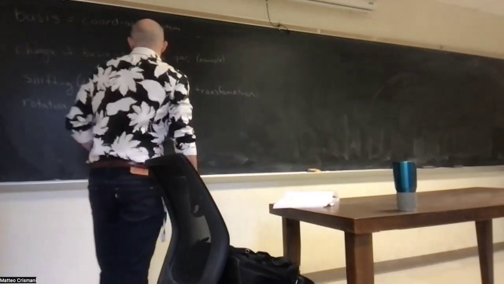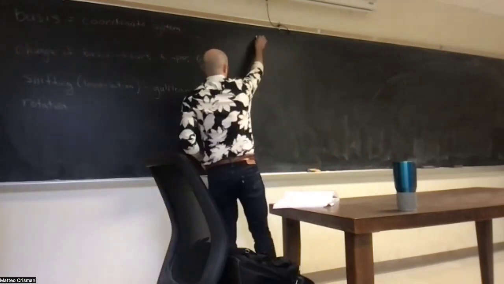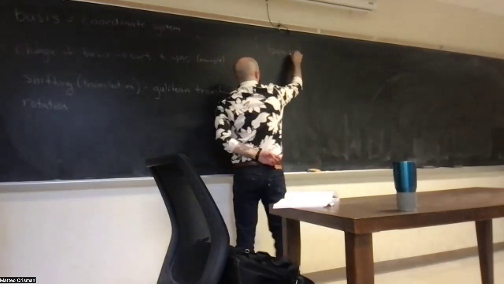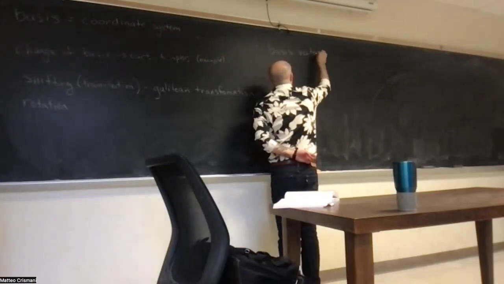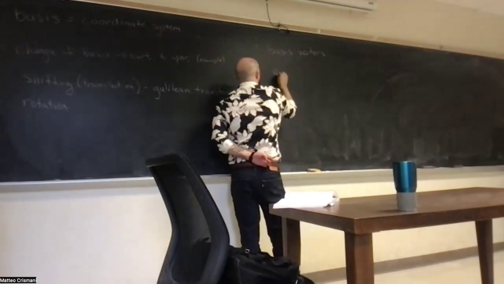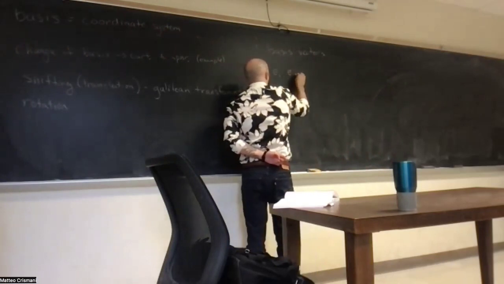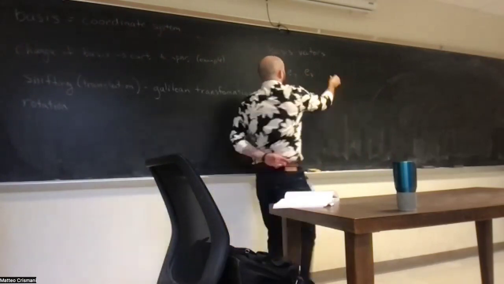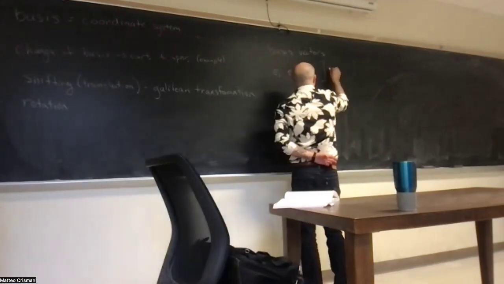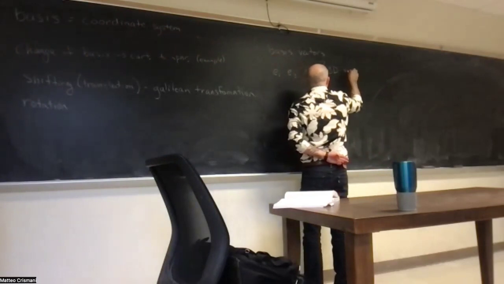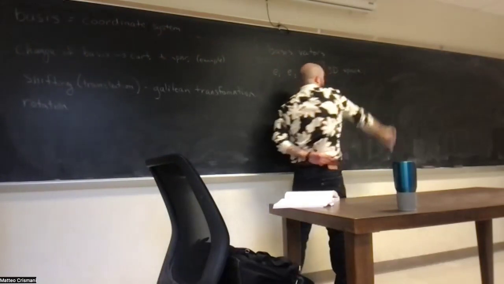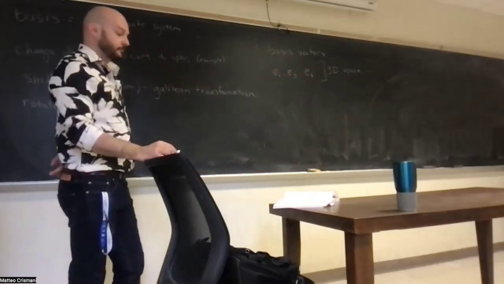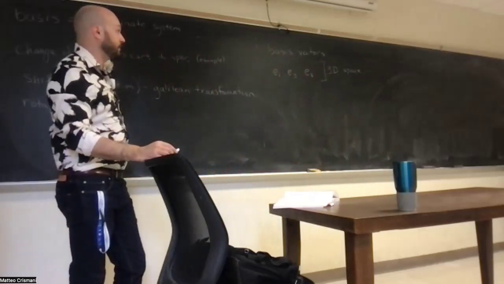We're going to describe a set of basis vectors. Okay, so we're going to say that basis vectors E1, E2, and E3 describe, and remember, we're still working in three dimensions, 3D space. Anyone hate that choice of notation?